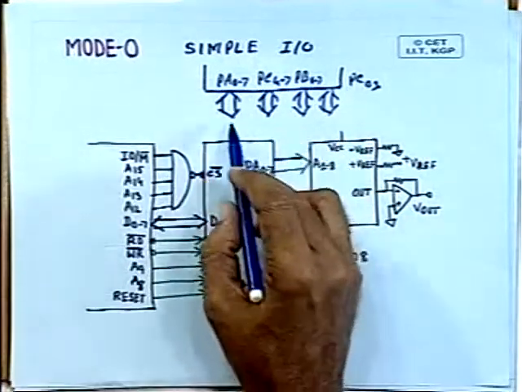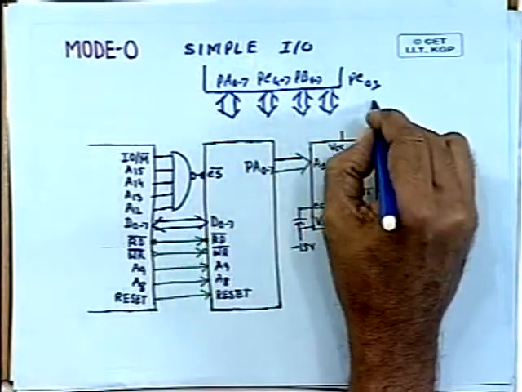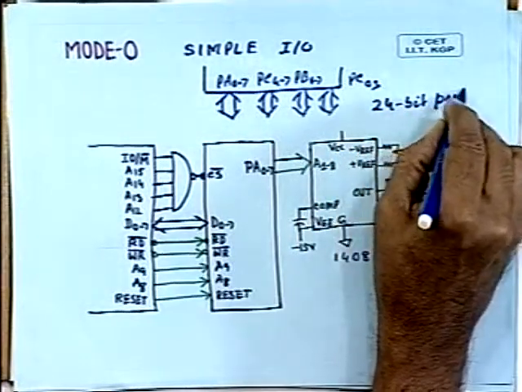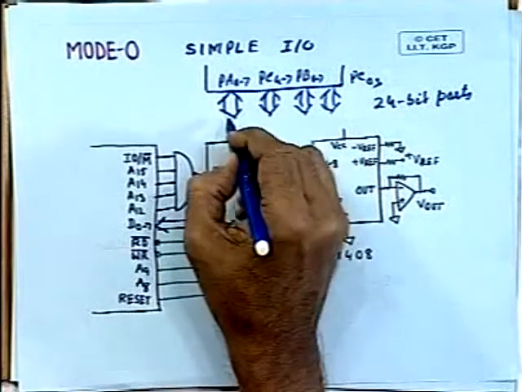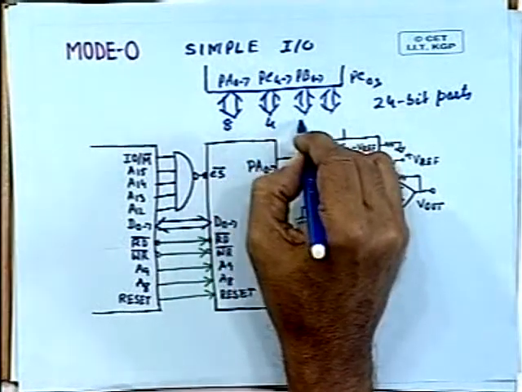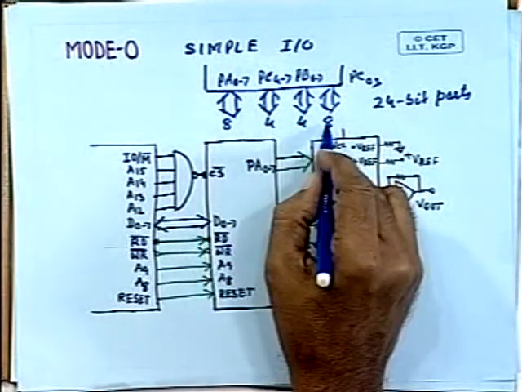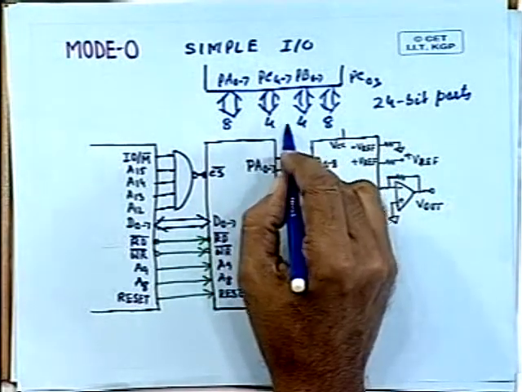So here you see you are essentially getting 24 bit ports, or 4 ports: 2 8-bit ports and 2 4-bit ports. Each of these ports can be configured as an output port or as an input port without change of any hardware configuration.